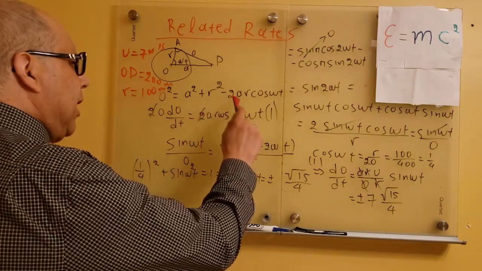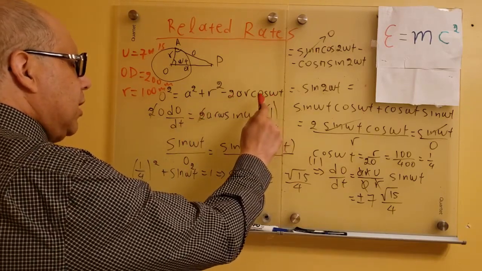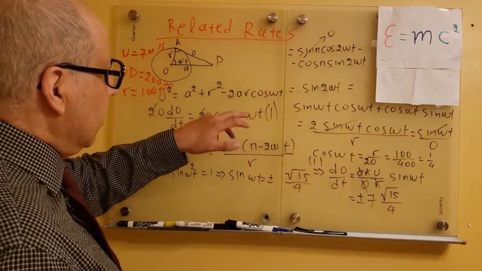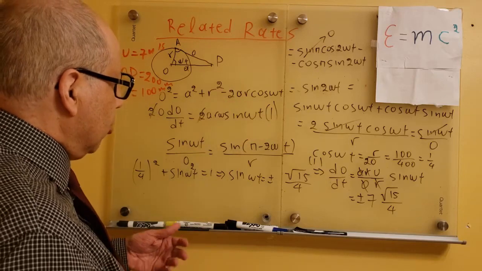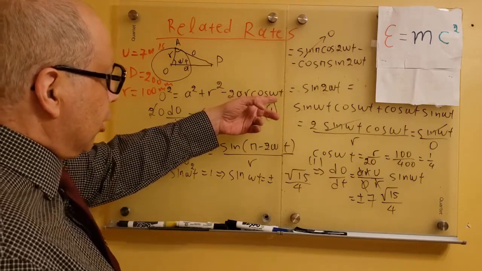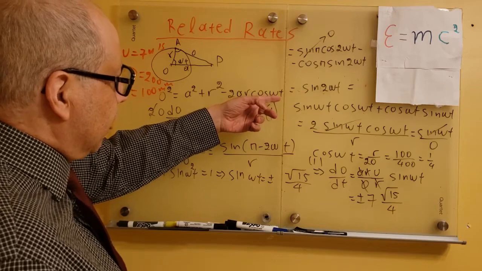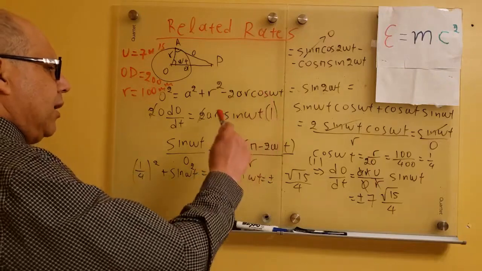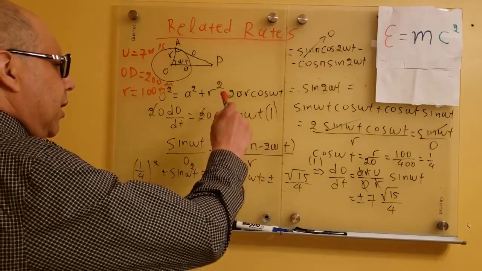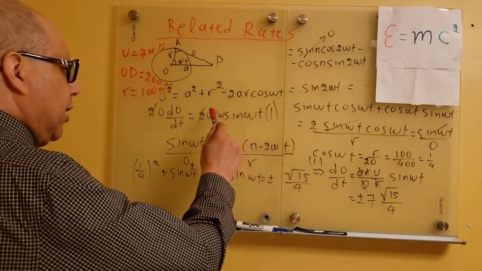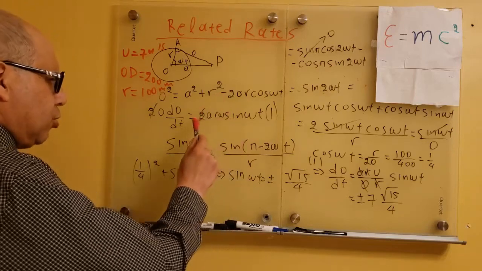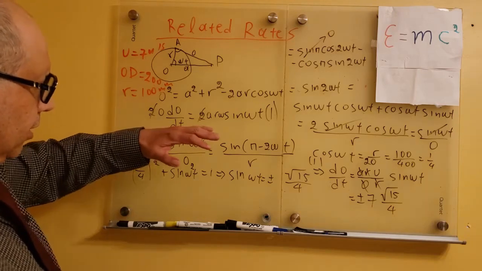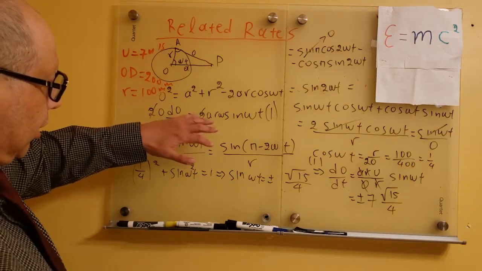So we have minus 2ar times, now the derivative of cos is sine, so it will be sine omega t, and because you have to use the chain rule, it is also times the derivative of what you have inside, which is omega t. The derivative of this is omega, so we put the omega here, and of course the derivative of cos is minus sine, so minus with minus they cancel, and we have this answer here. That's the first equation, and here we can cancel the 2's.